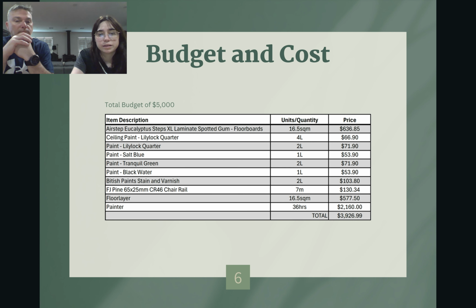Beautiful. And then lastly here we've got our budget and costing. So you gave me a budget of $5,000, and based off of everything that we require to make the vision a reality, including trades, so a floor layer and a painter, the total cost came down to about a bit under $4,000, which I think is a positive because it gives us extra money in case there's an emergency situation.